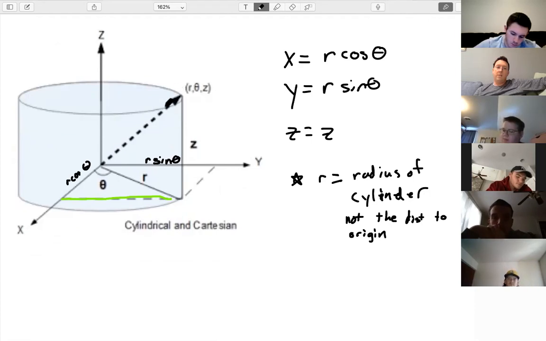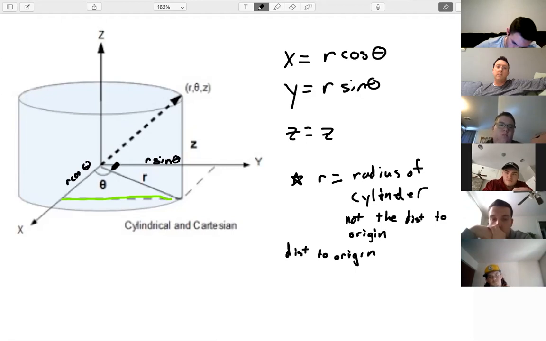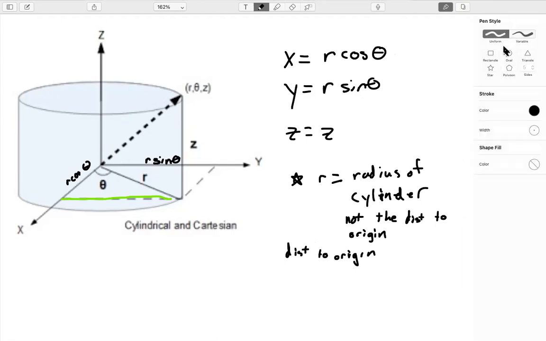What would be the formula for the distance to the origin? This dotted line in the picture. Well, come up with a triangle. So find a triangle that you can use to figure that out.